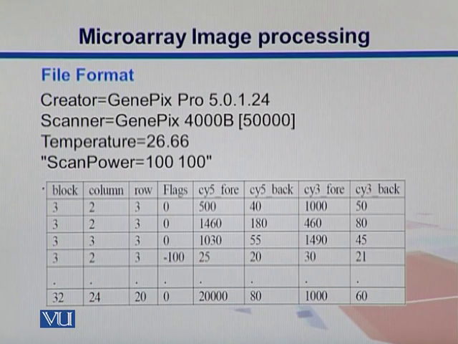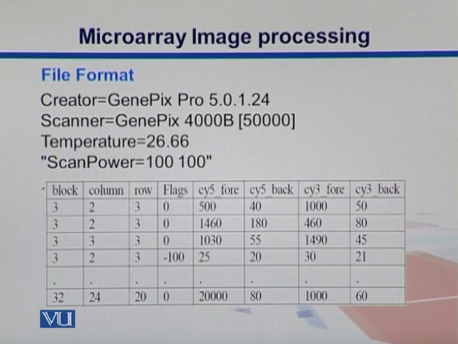So we have the block information, we have block, column, row, and then we have flags. Remember guys, we have talked earlier about the flags. They tell us the quality of our features, those dots or spots. So 0 flag is ideal. These features are okay. Negative flags are there where you have more background, more noise as compared to the foreground. Same way you then have the intensities where Cy5 foreground is 500, whereas Cy5 background is 40.